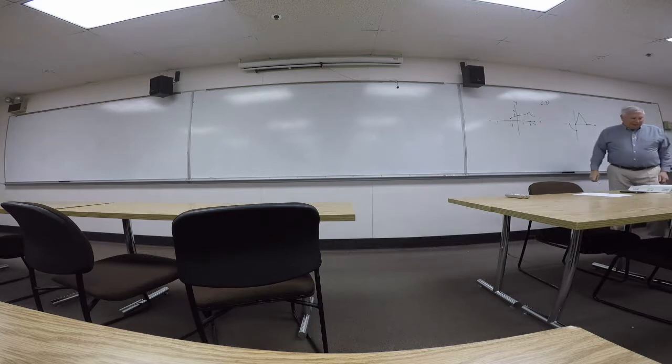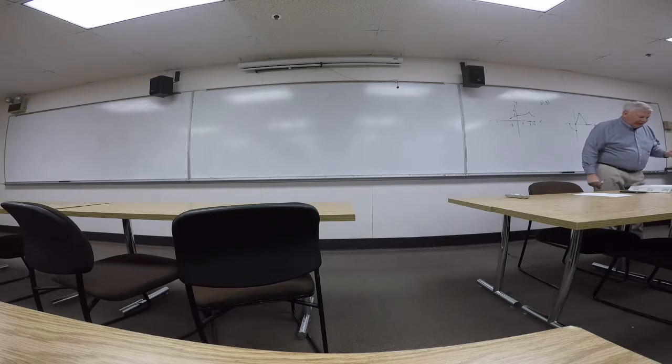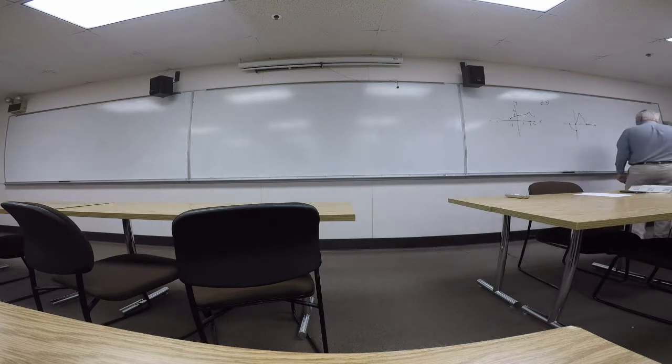So the question asked for number 10: to what new value should f of 1 be changed to remove the discontinuity? So what value do we want to assign to f when x equals 1 to get rid of that discontinuity? 2. And we can get rid of that discontinuity at x equals 2. Then f of x, if we assign 0, it works.